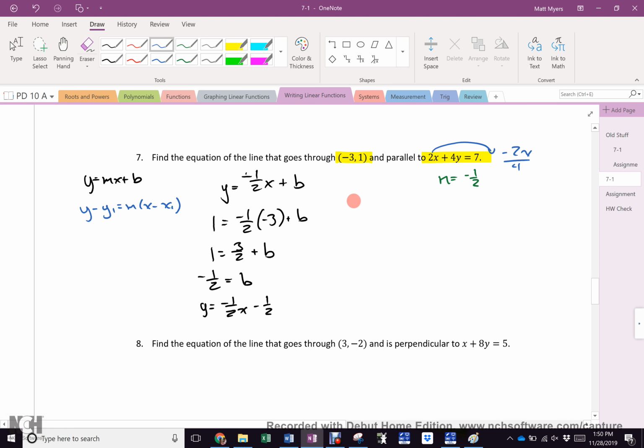And the blue one is, of course, y minus 1 equals -1/2 x minus -3, which is plus 3.